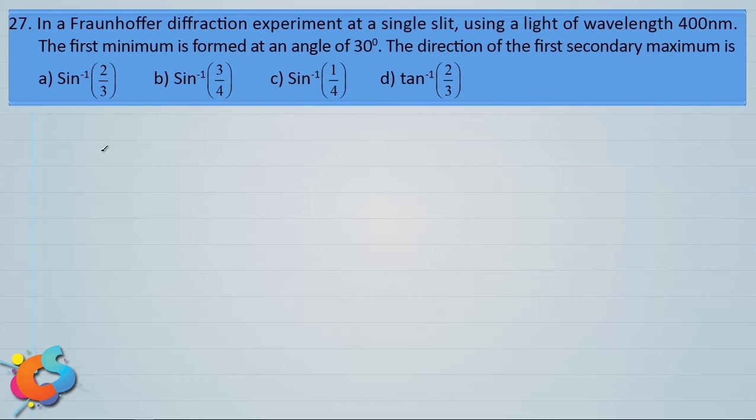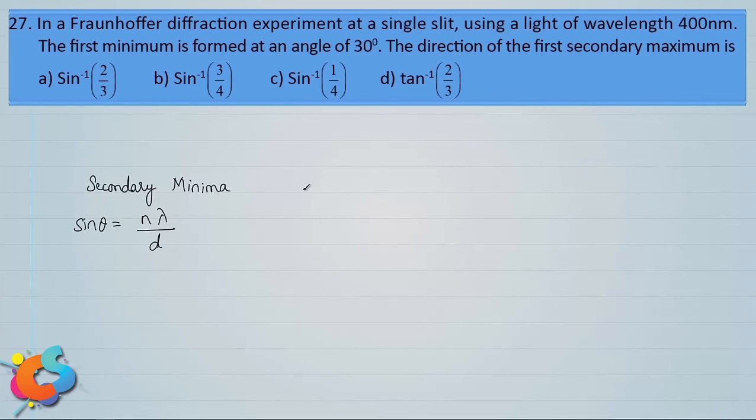For secondary minima, the angular position in Fraunhofer diffraction pattern: the secondary minima are situated at different angles, and these angles are given by the formula sine theta is equal to n lambda divided by d, or theta is equal to sine inverse of n lambda divided by d, where d is the slit width.